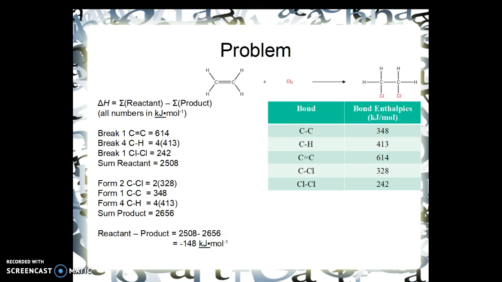And this means that we have an exothermic process, so this energy is running downhill in a favored direction, so that when these two things react, it should be pretty easy to get the dichloroethane product.